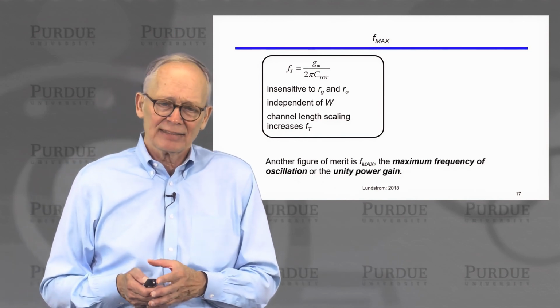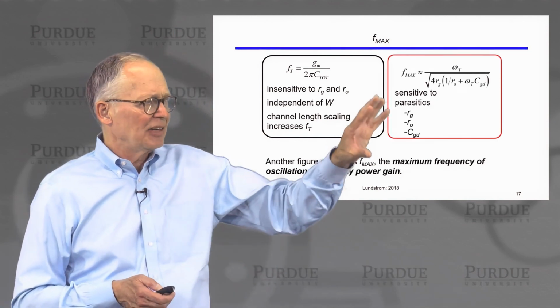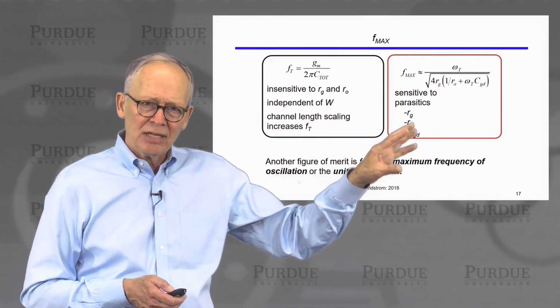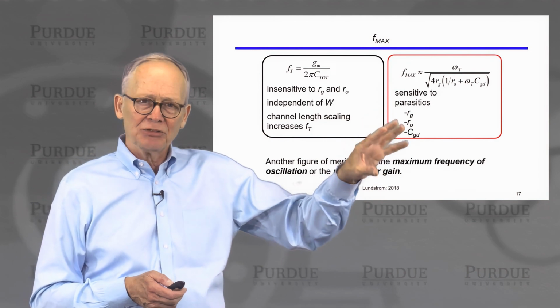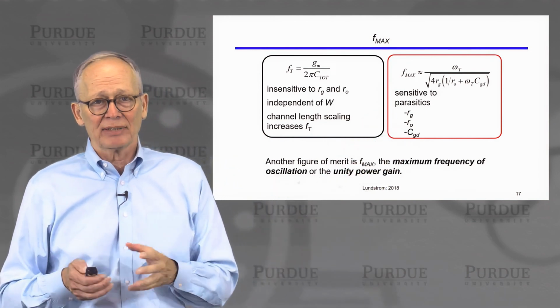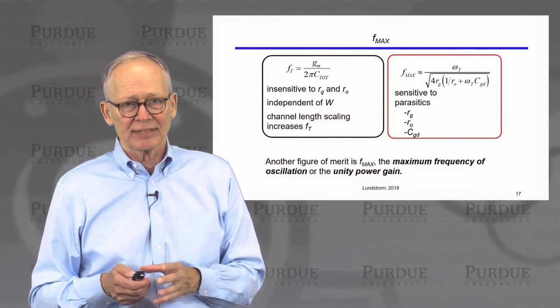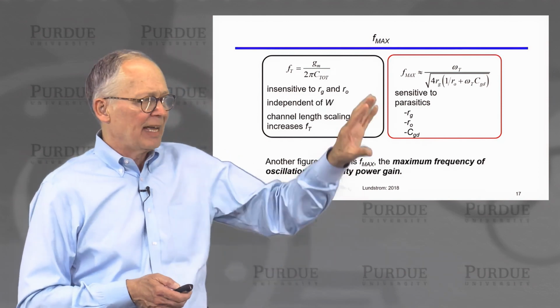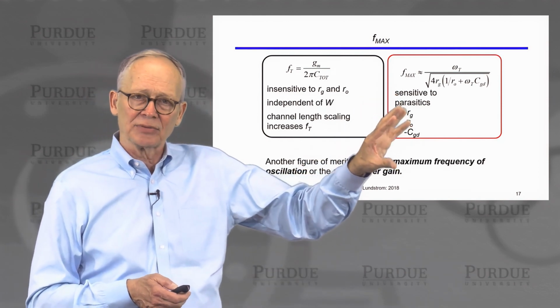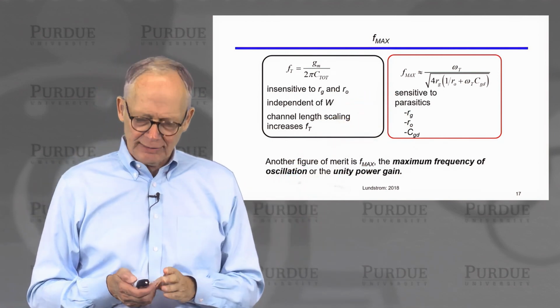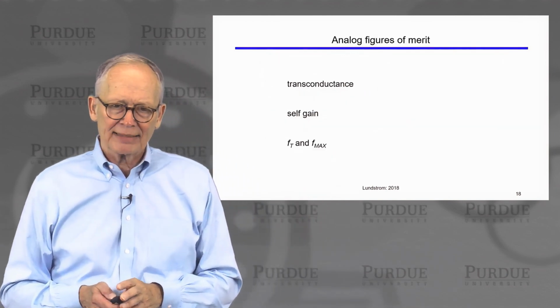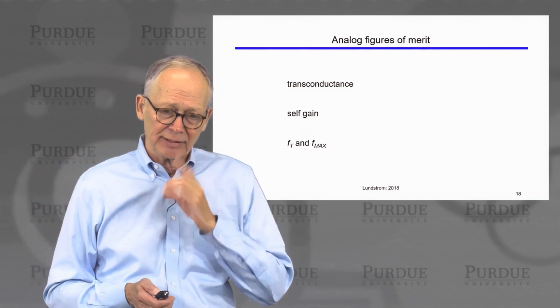That requires the analysis of a different kind of circuit, and I'll just show the results here because frequently, both numbers are quoted. Both numbers need to be high if we want to operate realistic RF analog circuits at high frequencies. Fmax is more sensitive to several of the parasitics that just don't happen to come into play when we measure FT. So both Fmax and FT are important figures of merit.